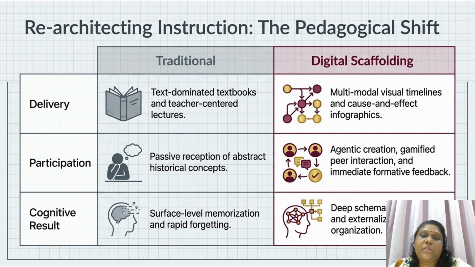In digital scaffolding, there is immediate formative feedback. After using Baamboozle as quizzes, we can get the formative feedback. Then the cognitive result in the traditional way is surface level memorization and rapid forgetting.